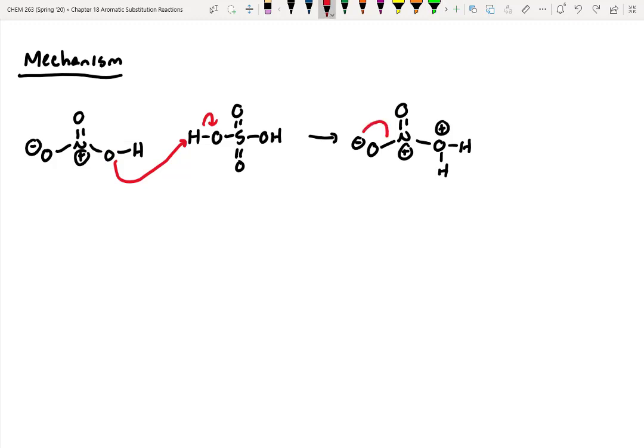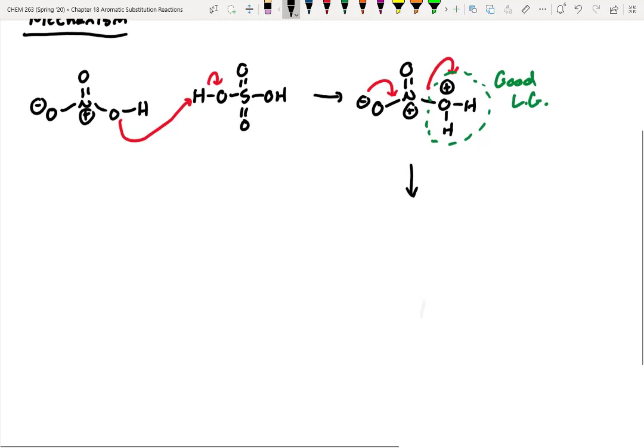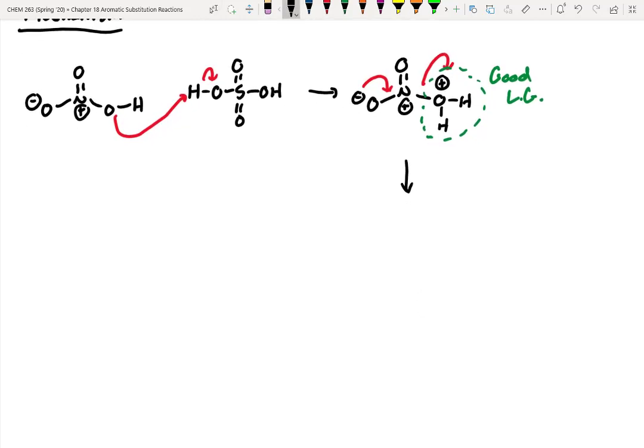The next step involves kicking that entire group off. So this group right here is an amazing leaving group. We saw this before when we were doing substitution and elimination chemistry. If we protonated the other oxygen, we wouldn't have a leaving group to kick off. All right, so now let's take a look at our next intermediates.